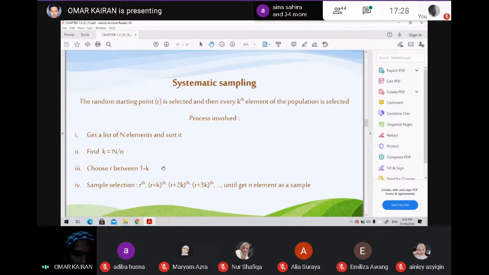Then sample selection: kita punya sample itu from R, R plus k, R plus 2k, R plus 3k, until we get the n elements as a sample.